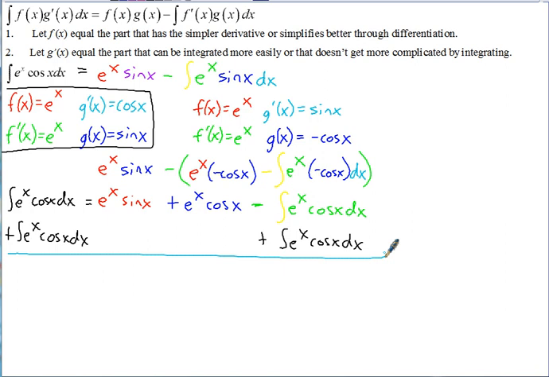Just like other like terms, an integral of e to the x cosine x dx plus another integral of e to the x cosine x would be 2 times the integral of e to the x cosine x. And then all that's going to be left on this side is e to the x sine x plus e to the x cosine x. And the last step to solve for this integral is just divide by 2.